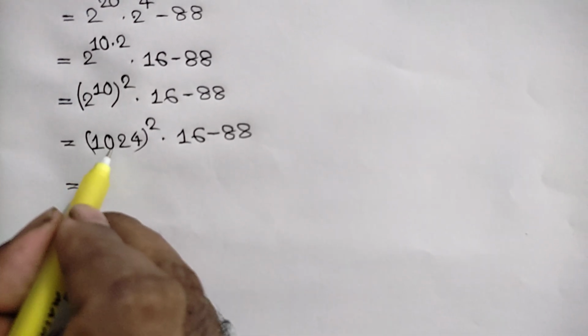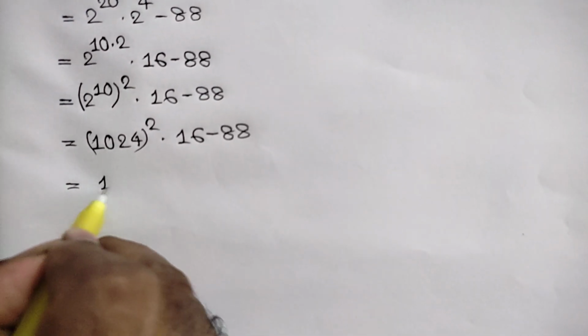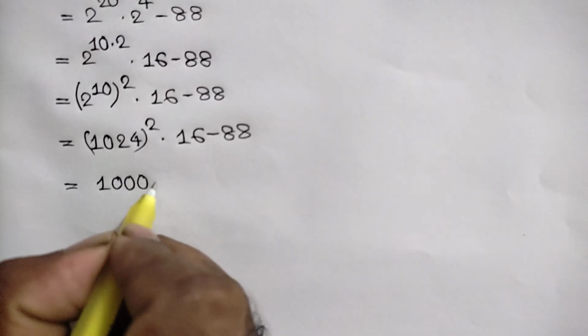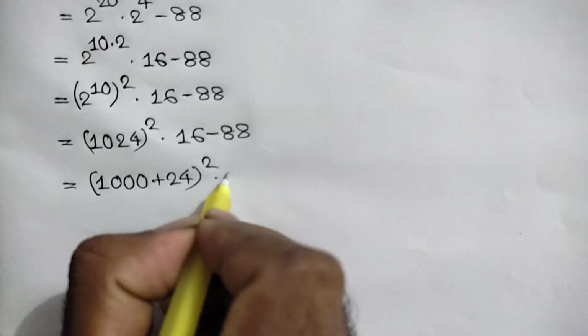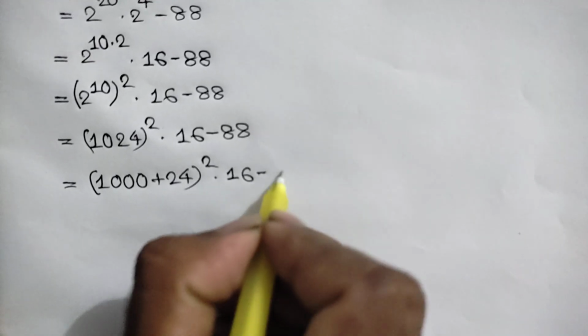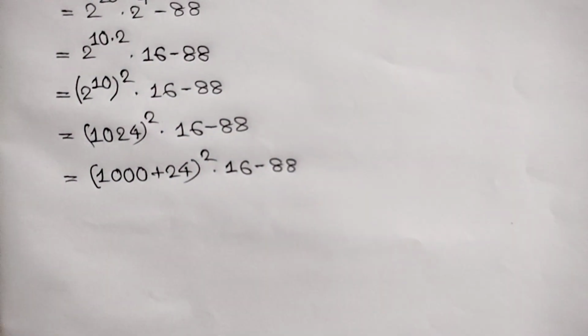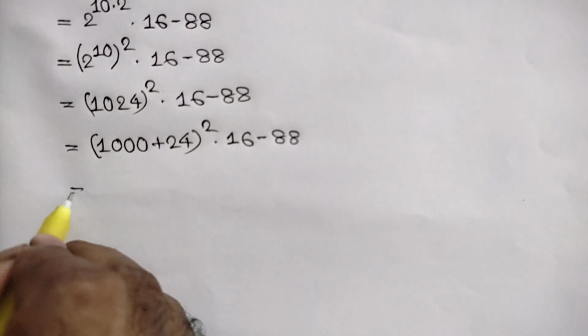Now 1024 can be written as 1000 plus 24, whole square, times 16 minus 88.